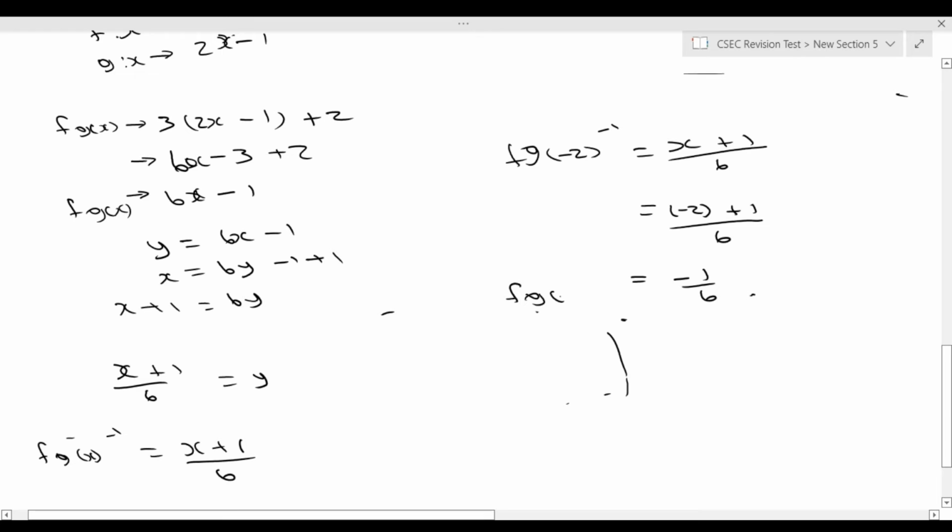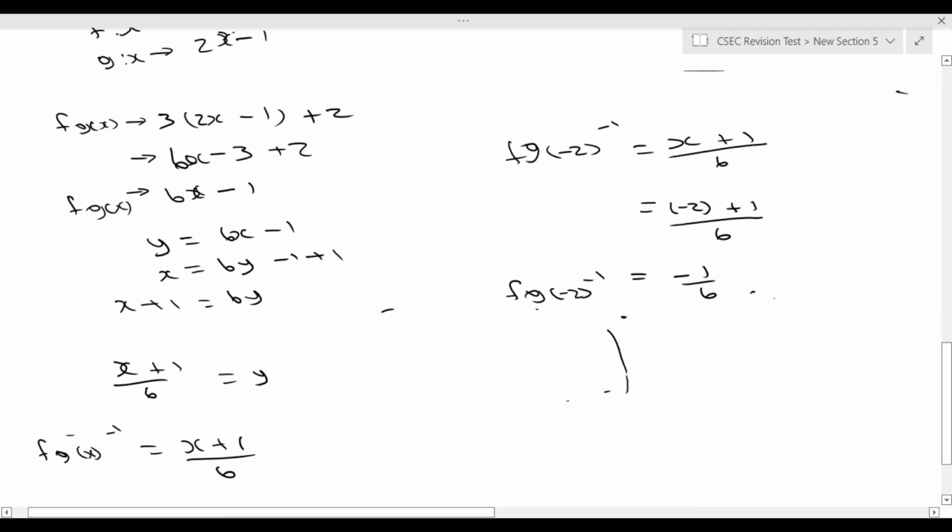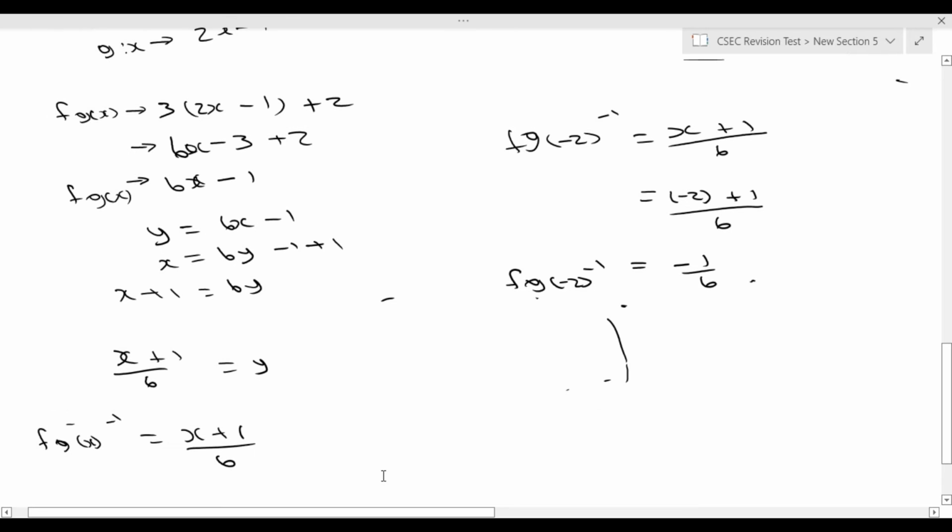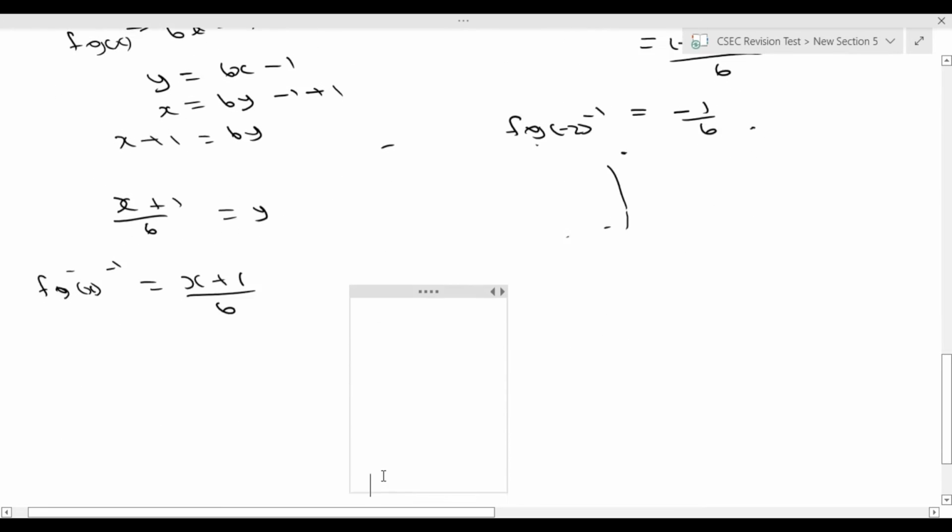So f of g inverse of -2 is equal to -1 over 6. And that would be how we accomplish this. Let's look, however, at a few more examples.